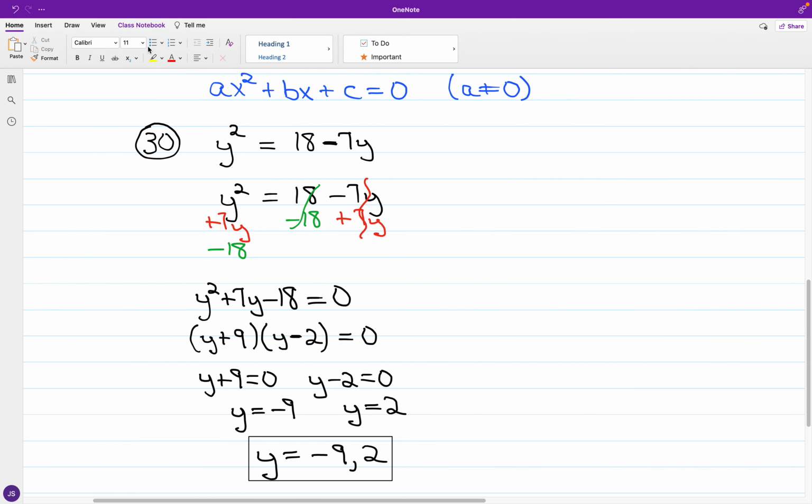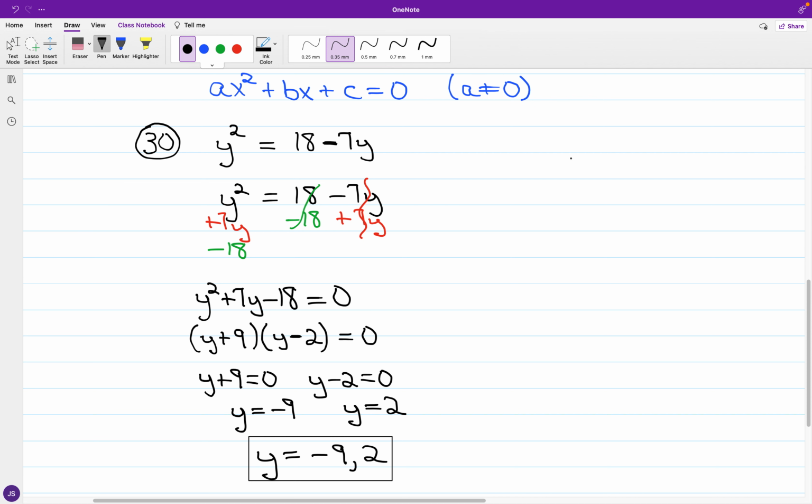Now for another quadratic equation, introduced outside of standard form, this time with the letter z. In number 34, we have z squared is equal to 25z.